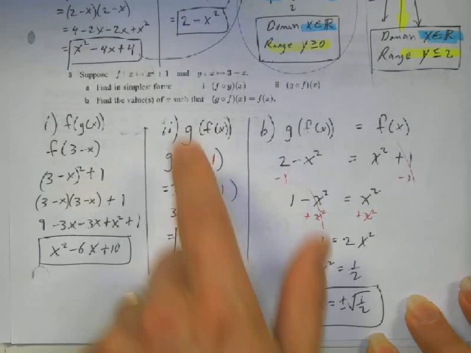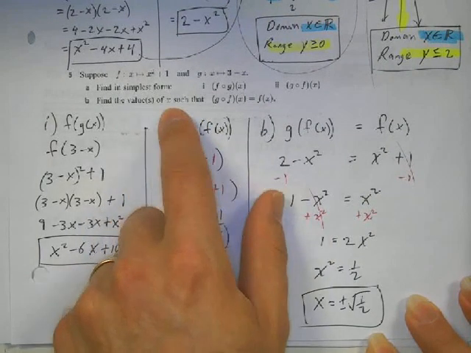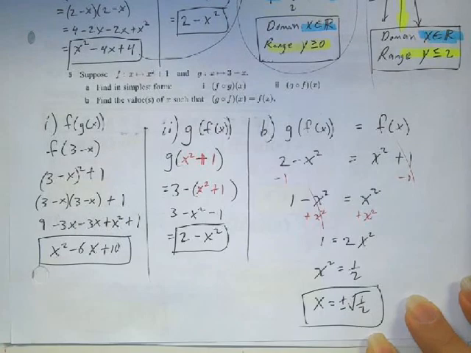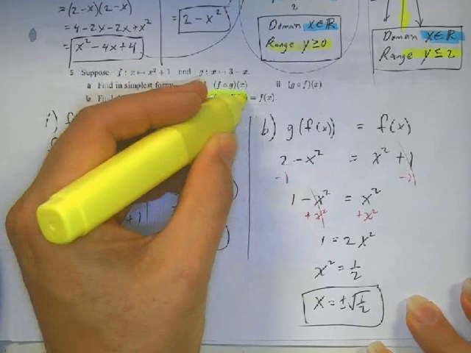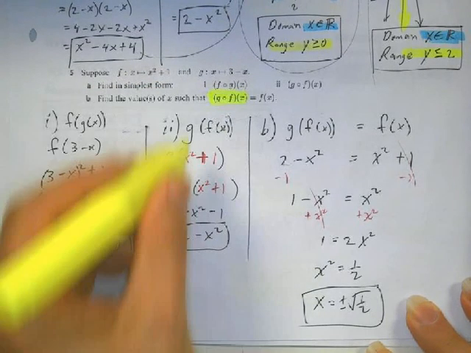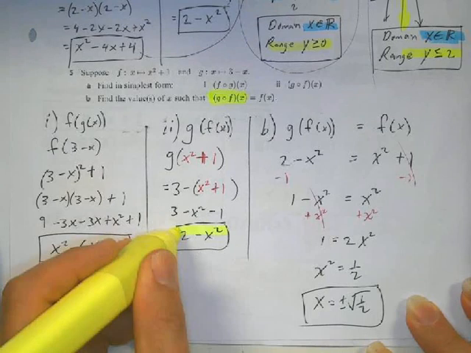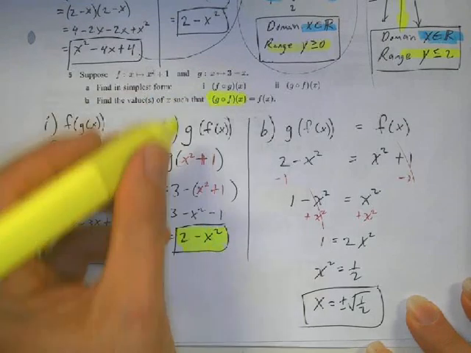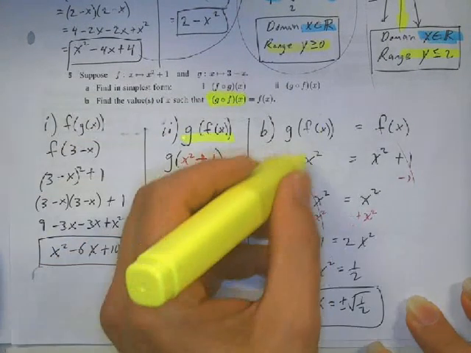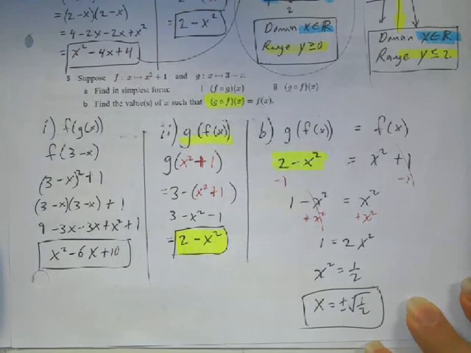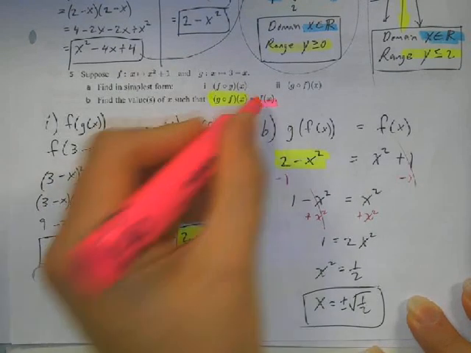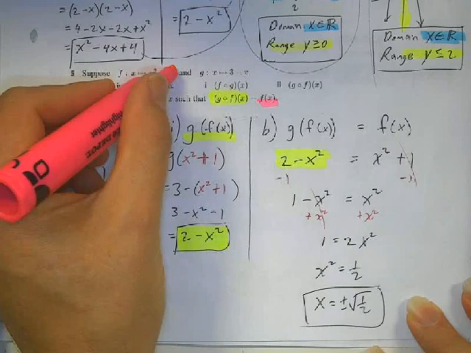Now question B says, find the value of x such that g of f of x equals f of x. So g of f of x is this, right? So I'm going to make that, the 2 minus x squared, equal to f of x. What is f of x? F of x is x squared plus 1.